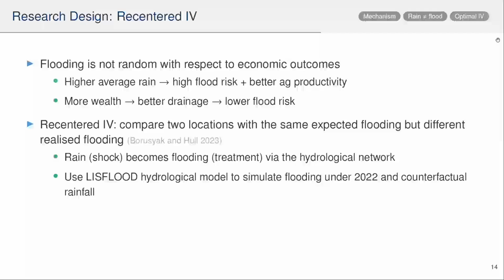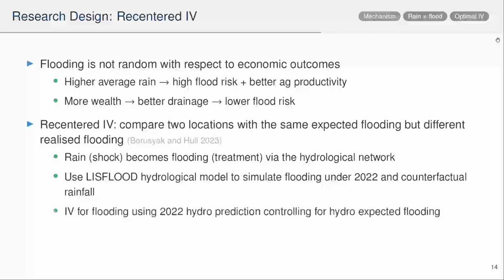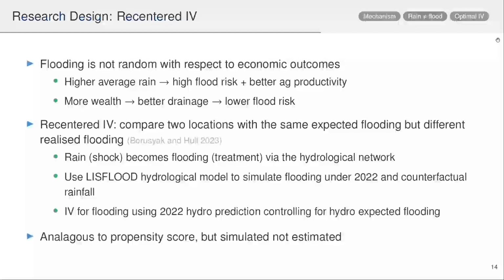Sure. I think it doesn't matter, because I'm going to control for the average of the hydrological model that I'm using. Essentially what I'm doing is analogous to propensity score matching, but I'm simulating the propensity scores instead of estimating them, because estimating them is an infeasible problem in this setting.